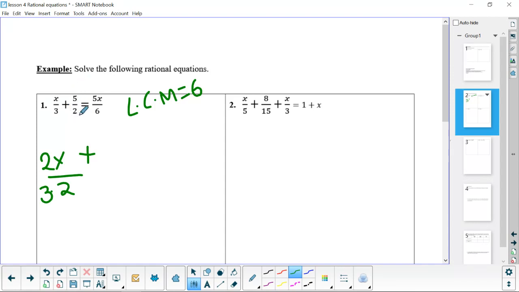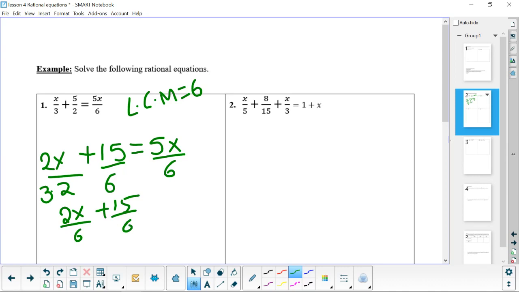I multiply the 2 by 3 to get 6, and the numerator also by 3. So 5 times 3 is 15 and 2 times 3 is 6. On the right side, we have 5x by 6. Now the left side is 2x by 6 plus 15 by 6 equal to 5x by 6.